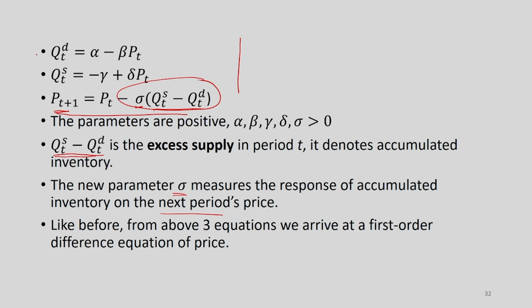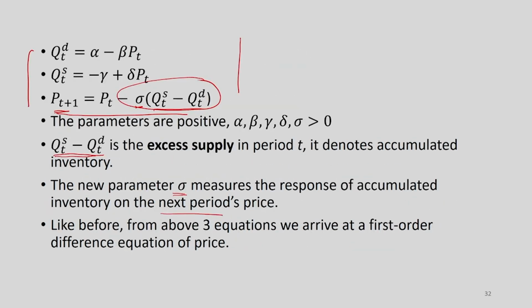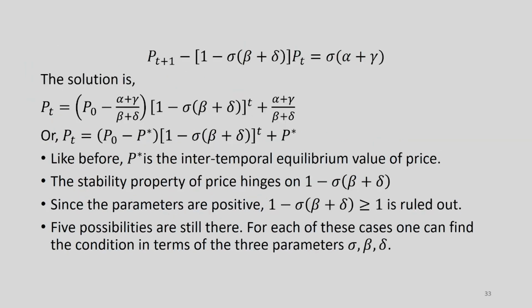Now, these three equations, if we put them together, then that will give us the first order difference equation, and this is how we are getting it. So, we are basically substituting the demand function and the supply function here in the P(t+1) equation, and that will reduce everything to functions of P(t) only.